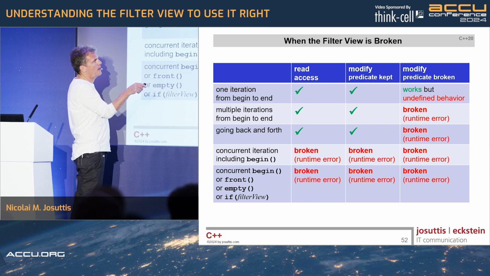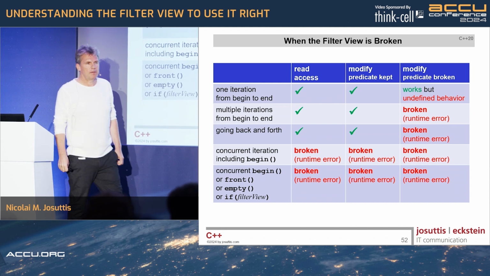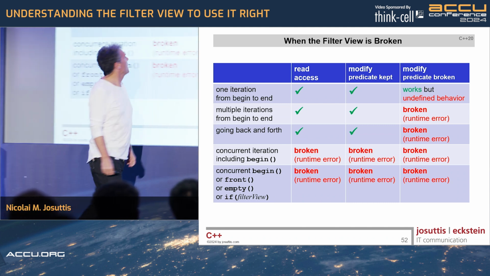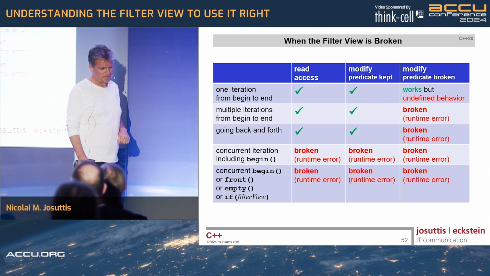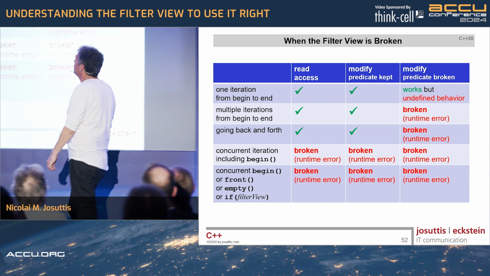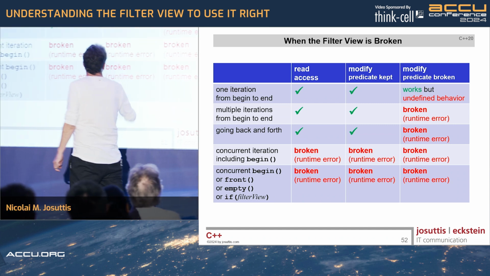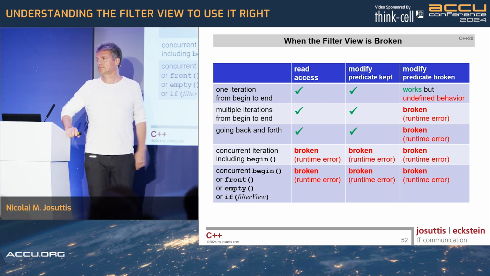If you modify and keep the predicate valid, fine. If you modify and break the predicate, you have undefined behavior, but it works, the first time only, with one iteration. If you have multiple iterations from begin to end, it's similar, it's just that from the second iteration it no longer works.